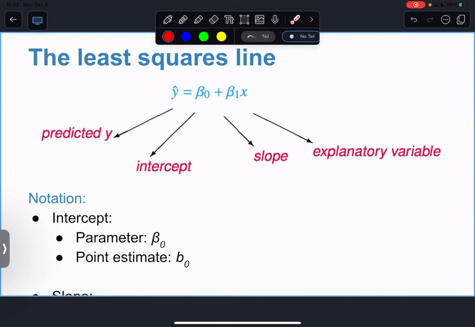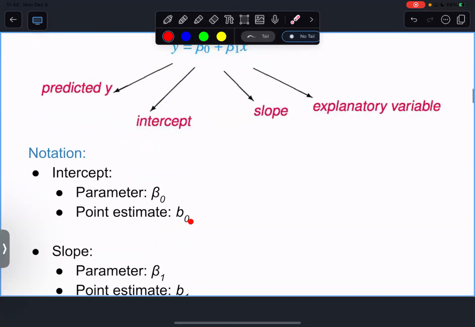Just like in inference, when we were hypothesizing about the population means or the population proportions, we had p's and we had mu's, and same deal, we're going to have some population intercept. We have a sample that we've modeled with this line, and so I model it with b0, my point estimate is b0, but really what I'm trying to model is beta 0.